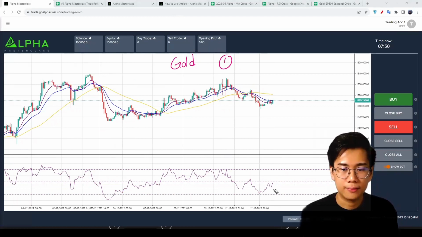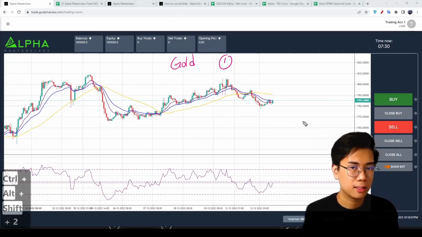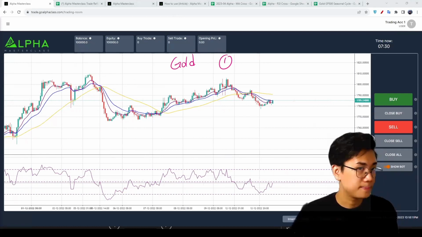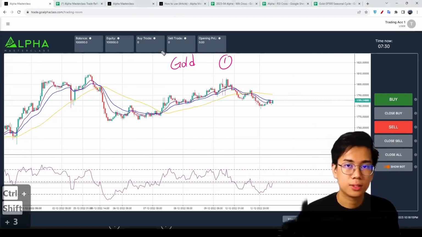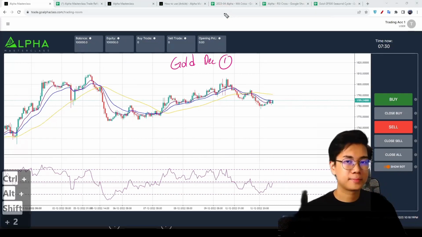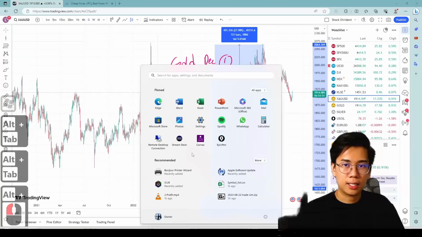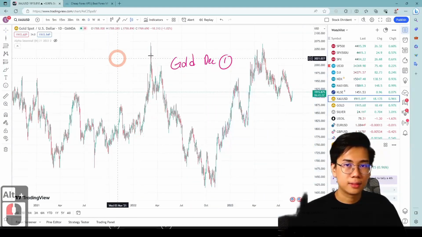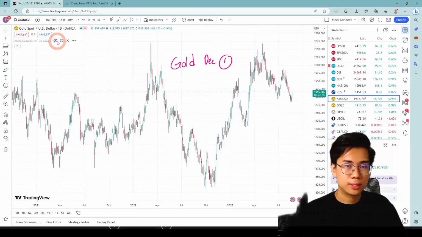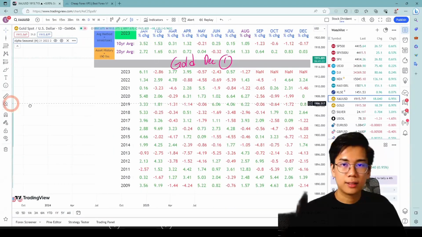So what is the month right now? December, right? So December in the simulation. That means we go to see our seasonal. Let's look into gold seasonal on December, which is here.